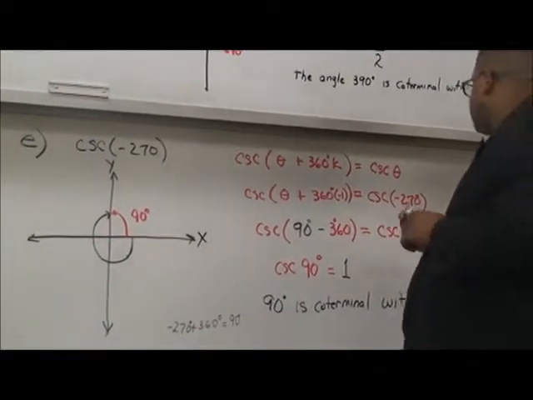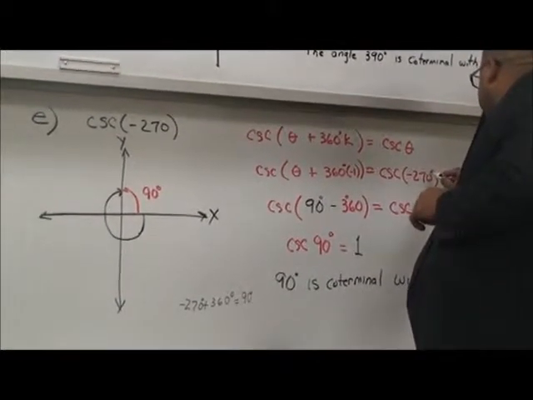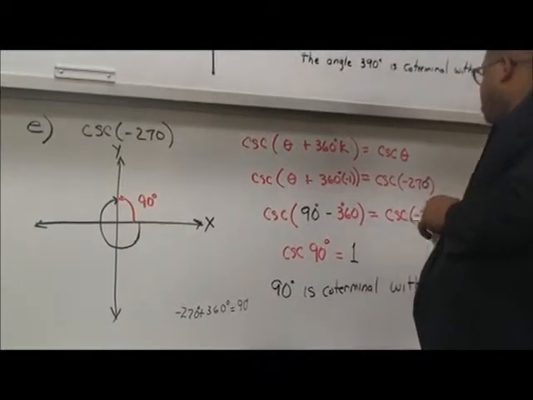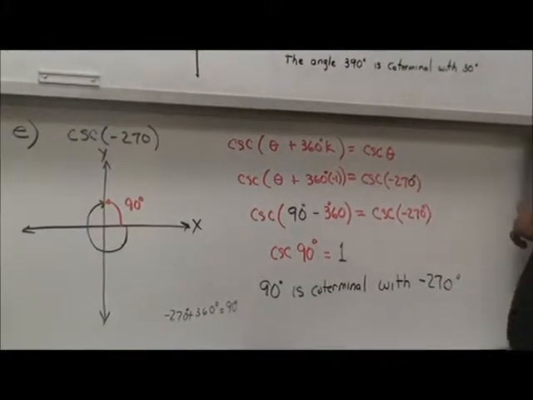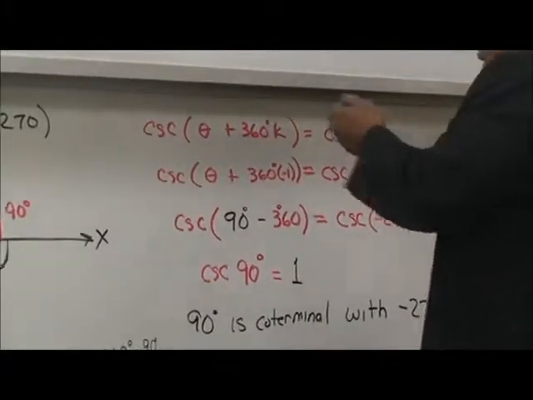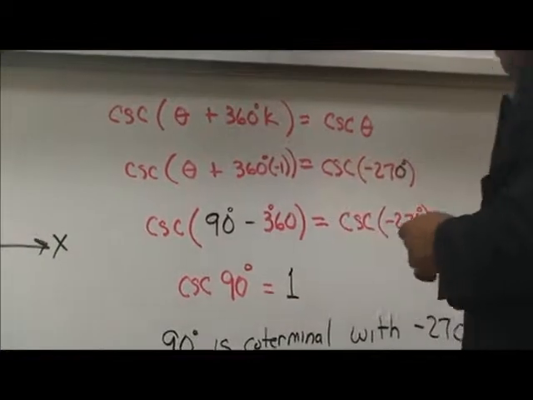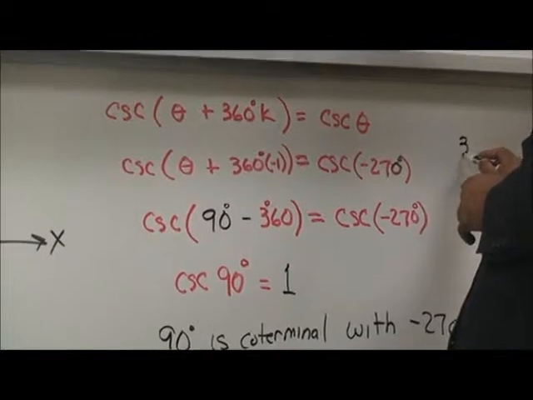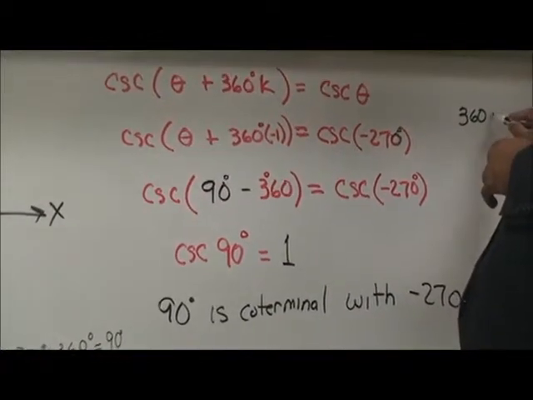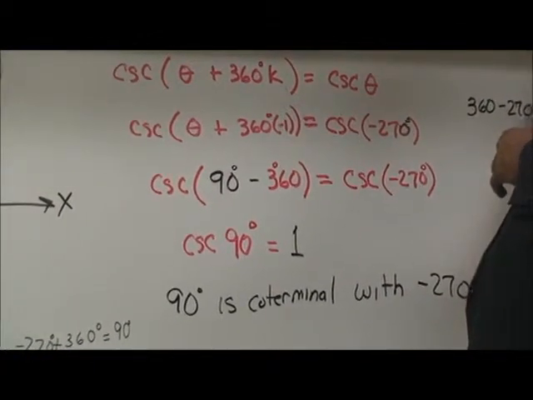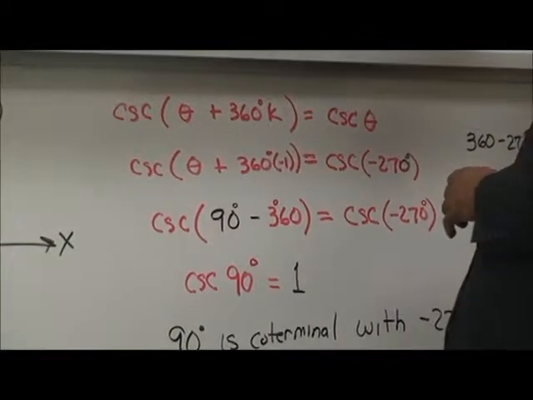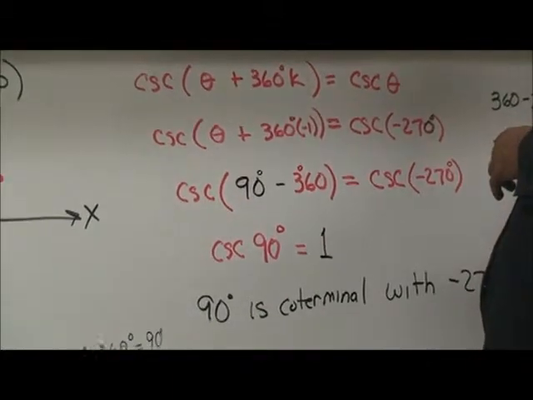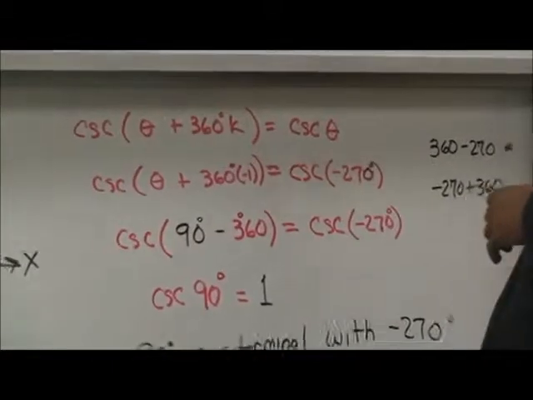Here we have, that looks like an 8 there, so let's make sure that's correct. So what we're going to do is some subtracting. 360 degrees minus 270, or you can say -270 plus 360 degrees, either way, as long as you carry the sign with you.